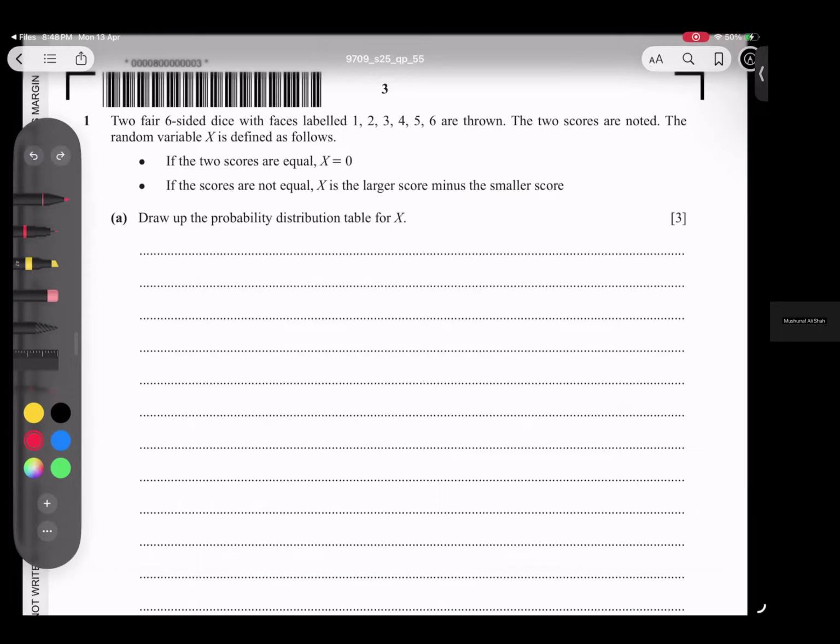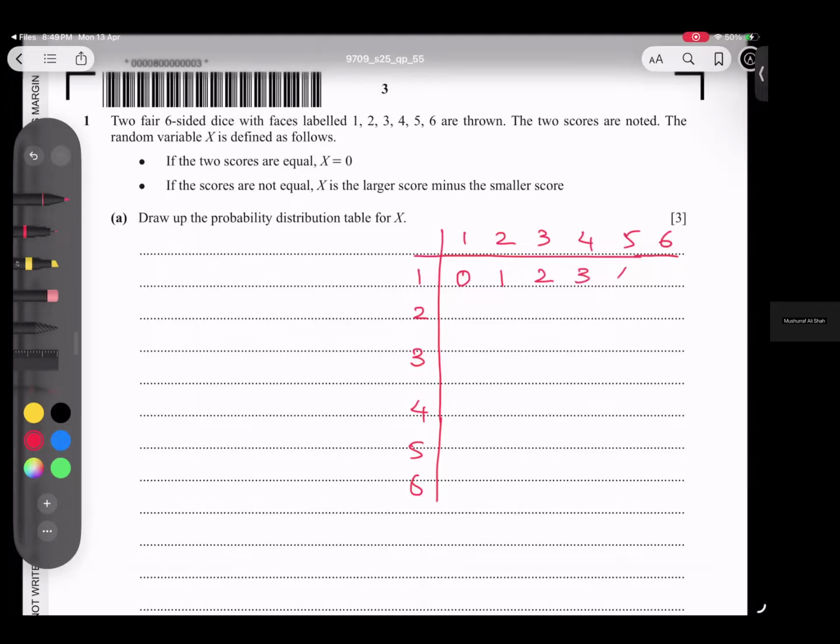So the best way to do this kind of question is to make a table. 1, 2, 3, 4, 5, and 6. Don't try directly, there is a chance of mistake. Okay, so this part is clear. If the numbers are the same, 0. And 2 and 1, the higher number minus the smaller number, 1. 3 minus 1, 2.